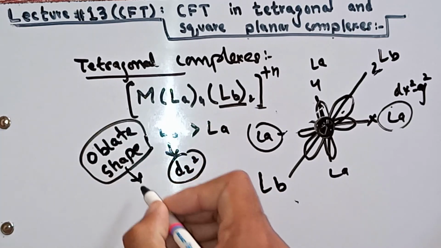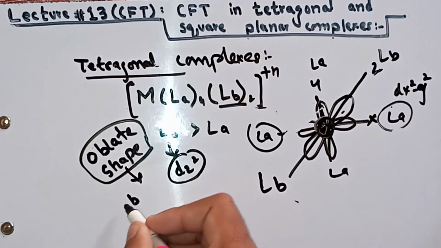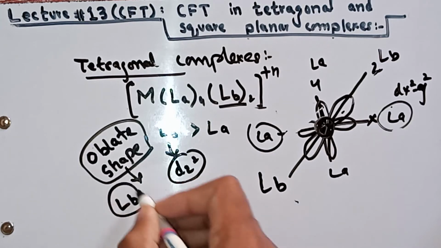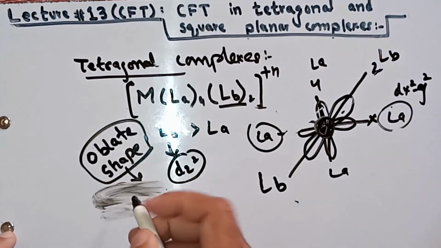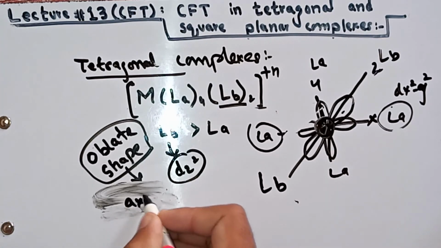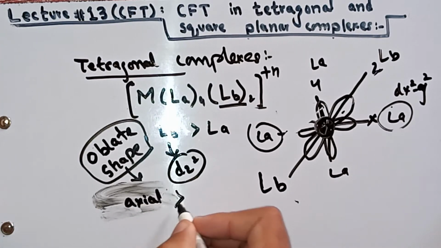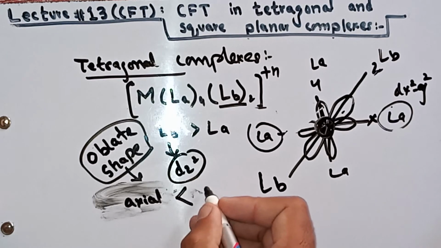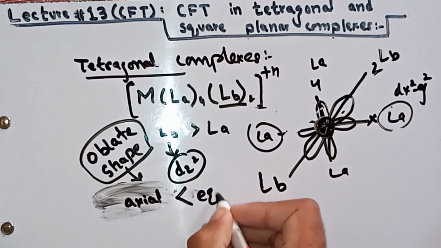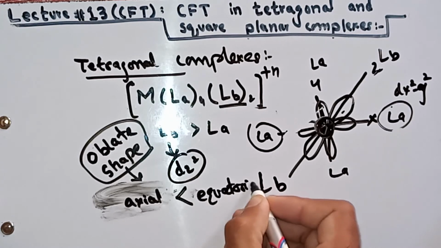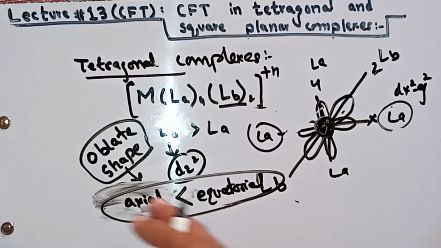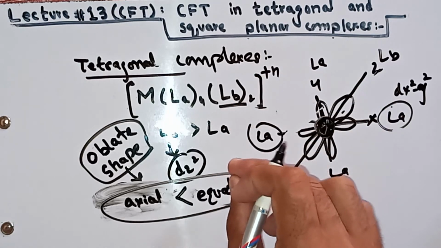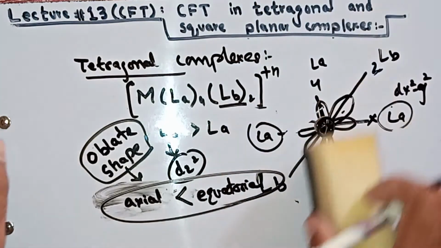In oblate geometry, axial bonds are shorter than equatorial bonds, and equatorial bonds are larger. So this is the condition for oblate. This is the tetragonal complex. It means that the splitting in the d orbitals will be like this.